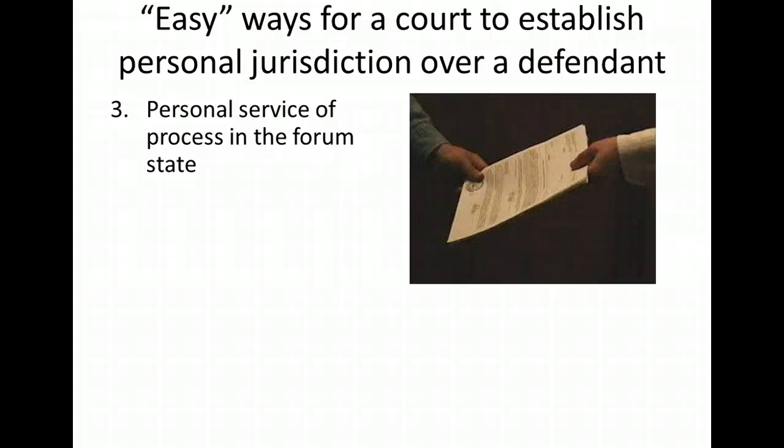It has to be personal in-hand service. Couple of caveats about this. First of all, it only applies to individual people. So natural people, in other words, not corporations or other types of business entities.